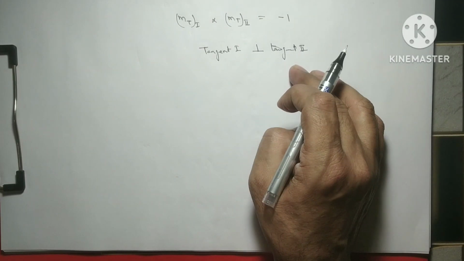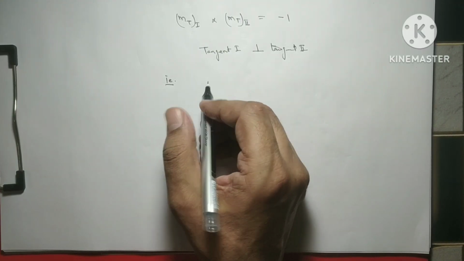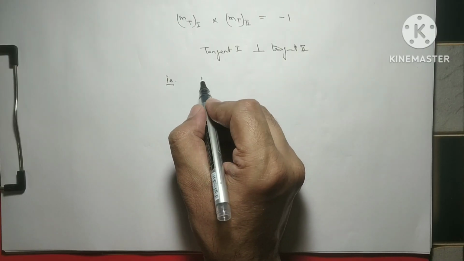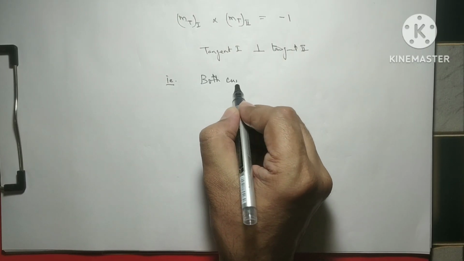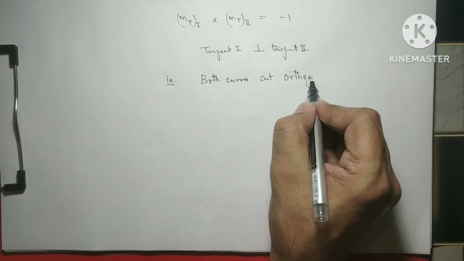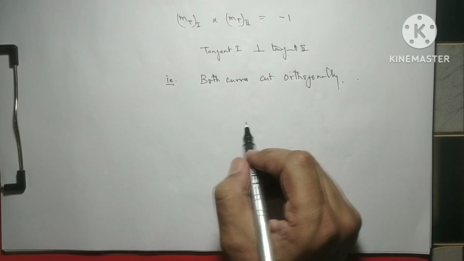If the tangents are perpendicular, that means the curves cut orthogonally. These two curves cut orthogonally. So hence proved.